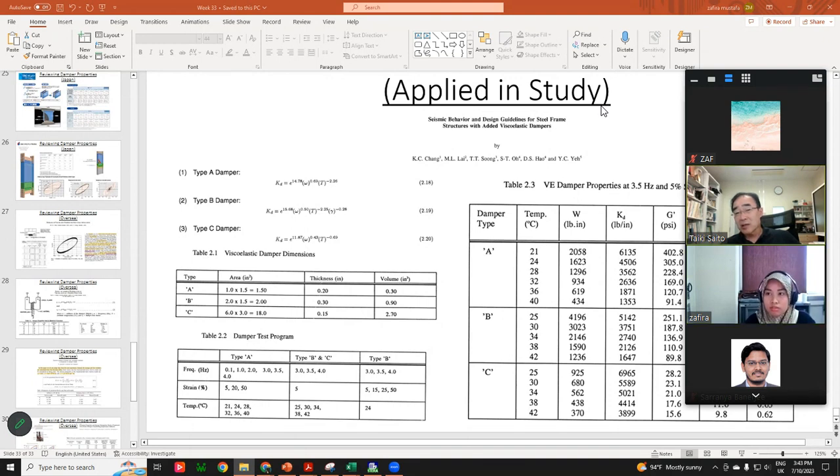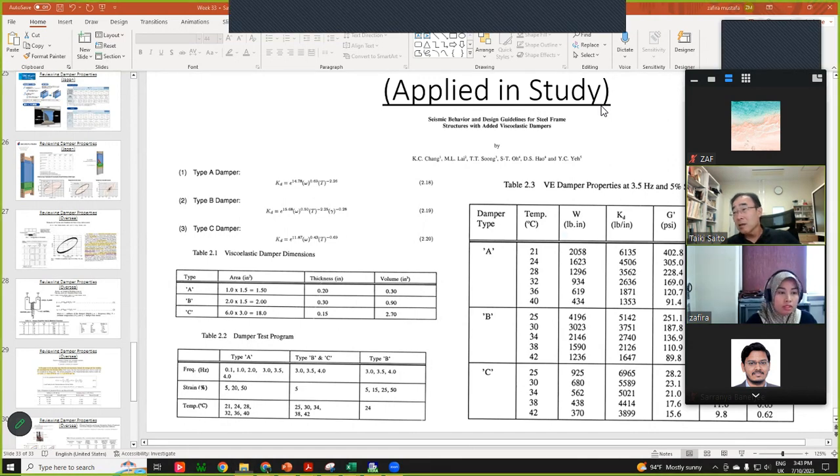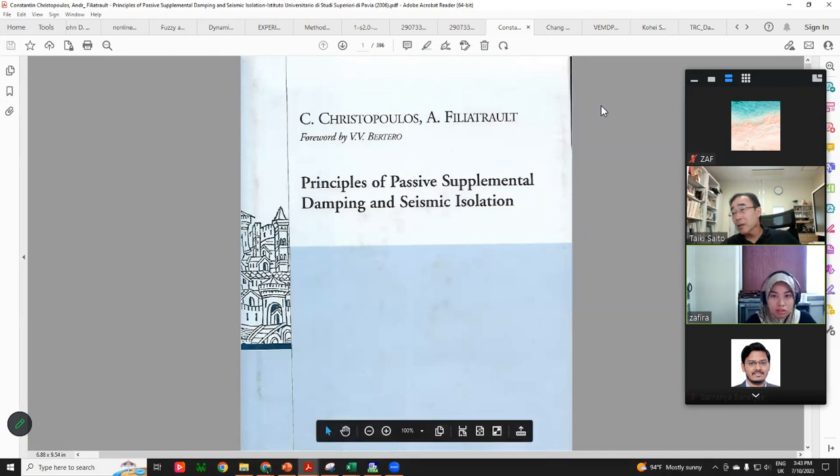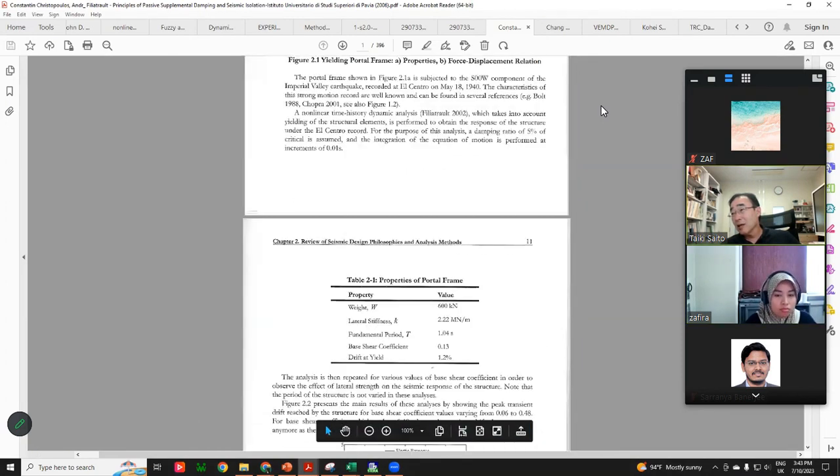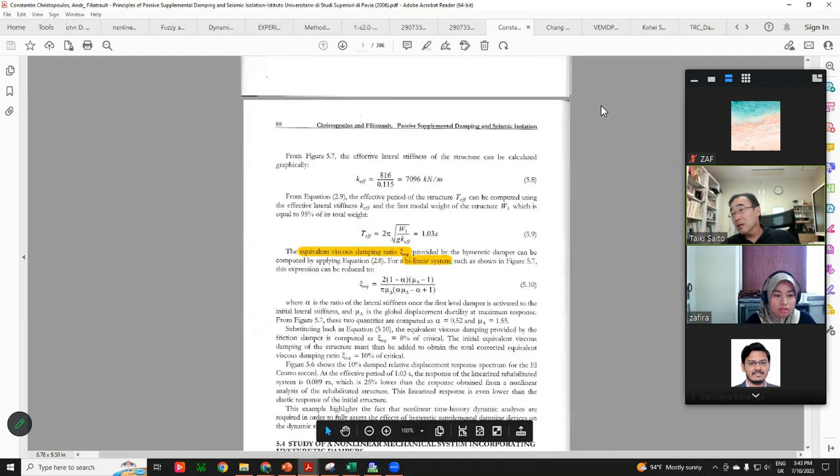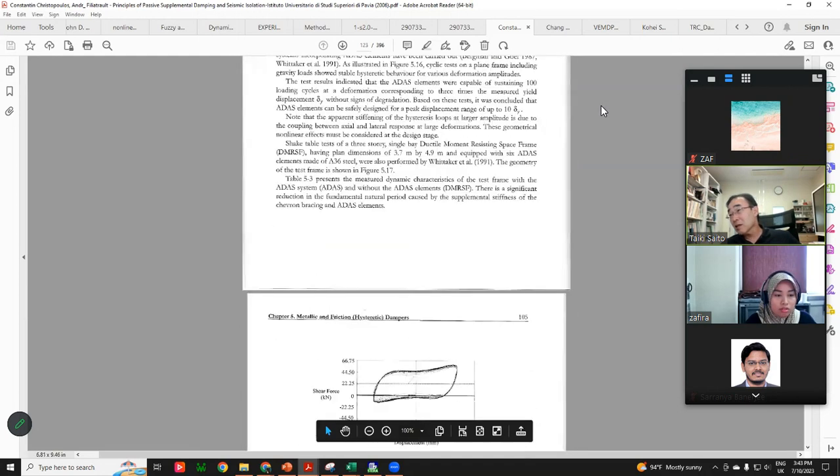No, I'm asking about the material. Stiffness is different because the size is different, right? The material might be the same rubber, but I believe they took the same material size.